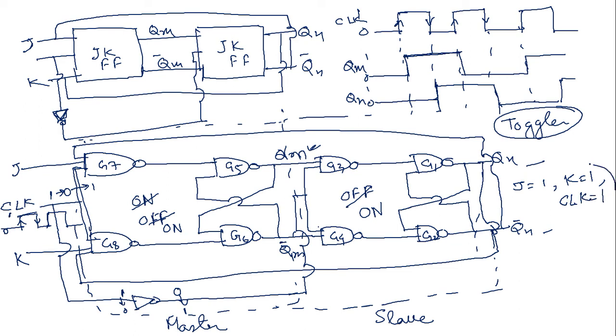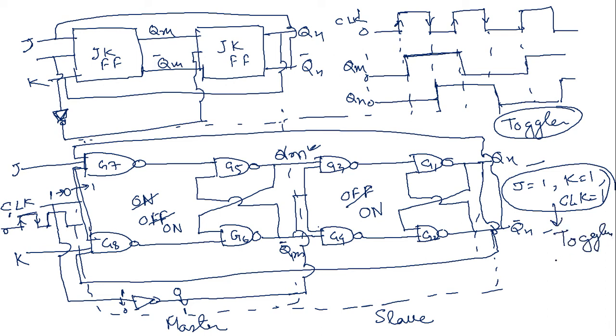At that time, if we use the master slave JK flip-flop, the output is fixed in a state, that may be 0 1, that may be 1 0. This property of staying in a fixed state is called toggle.